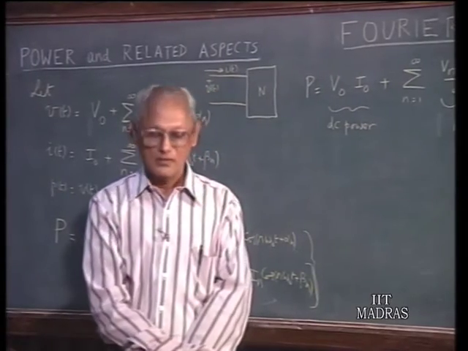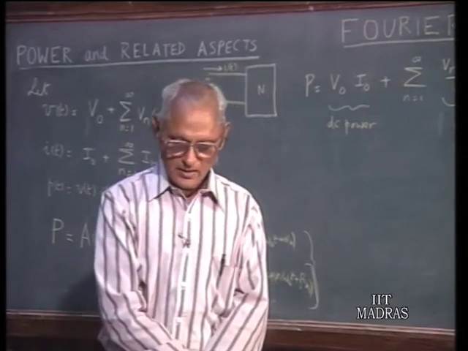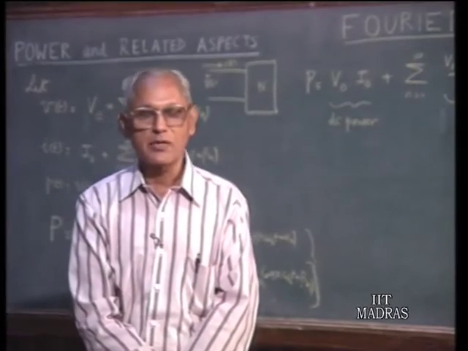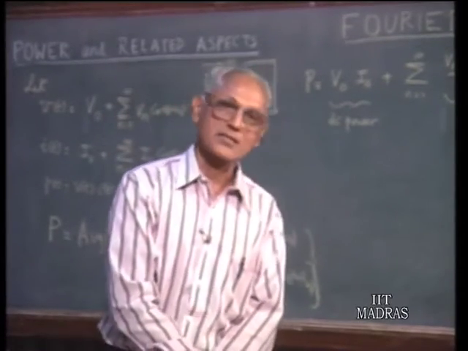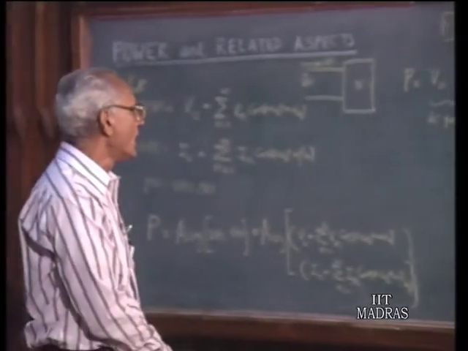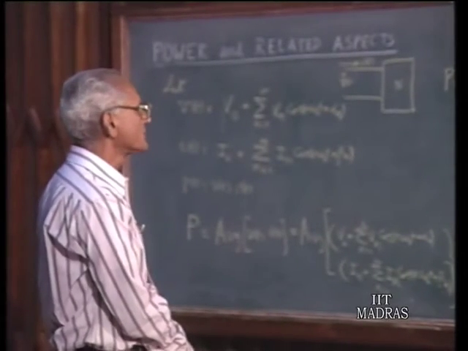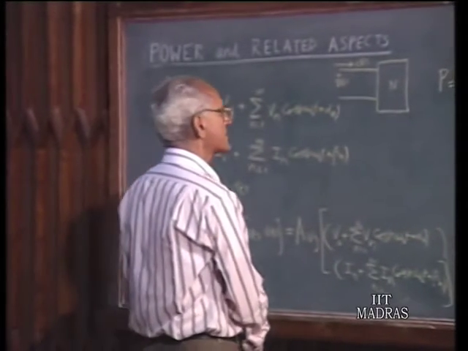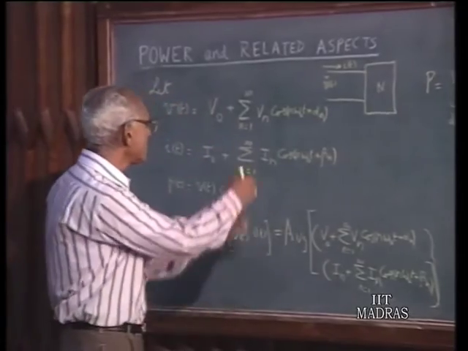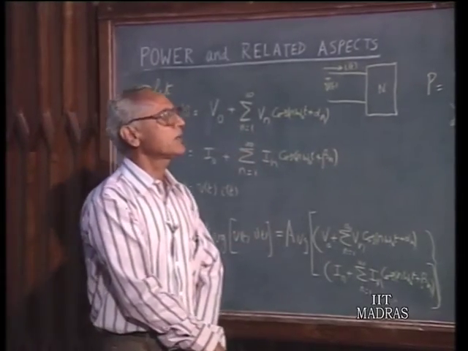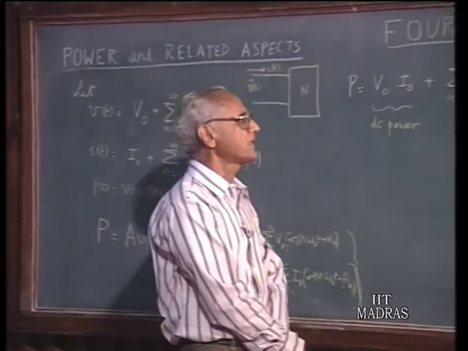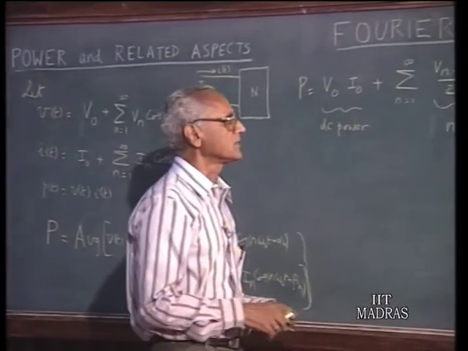As a rule, power is a nonlinear function of voltages and currents. However, in the particular case where the components are of different frequencies, you can superpose the power for each component separately, as we have seen here.